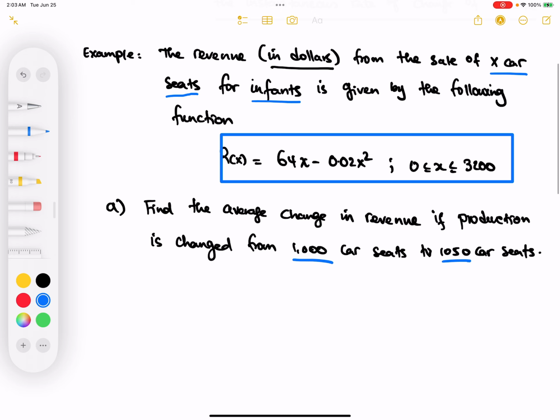Now the first question is find the average change in revenue if production is changed from 1,000 car seats to 1,050 car seats.